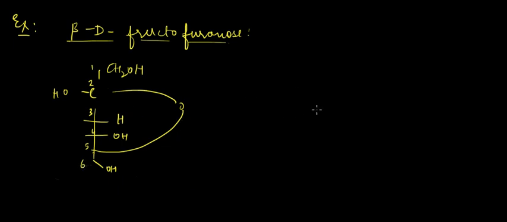So let's draw the Haworth projection for the same. We'll have something like O here. This is the first carbon atom, second, third, fourth.